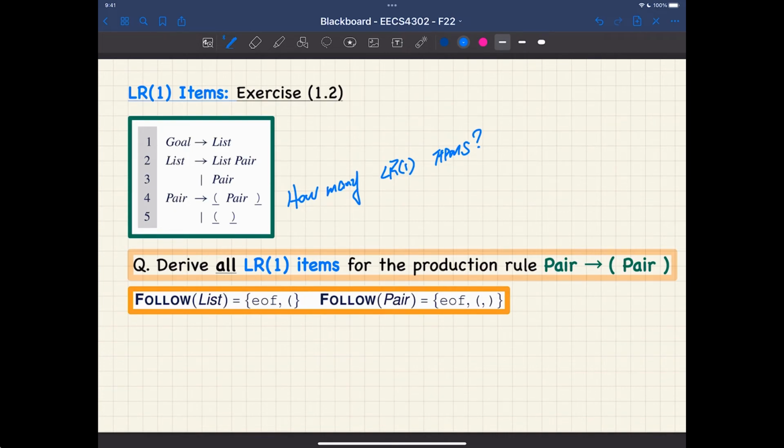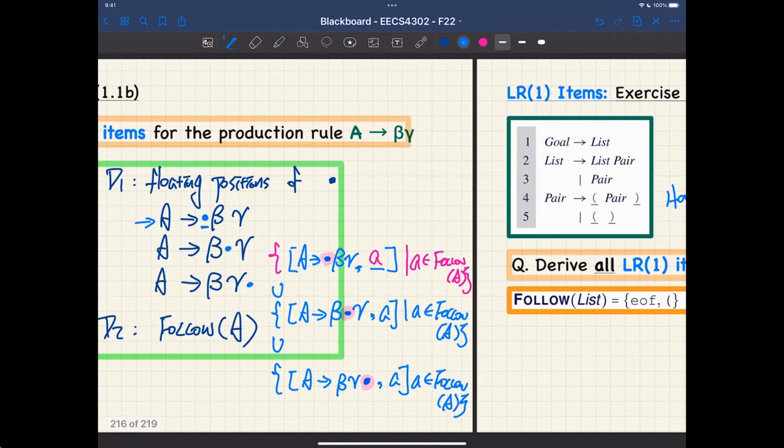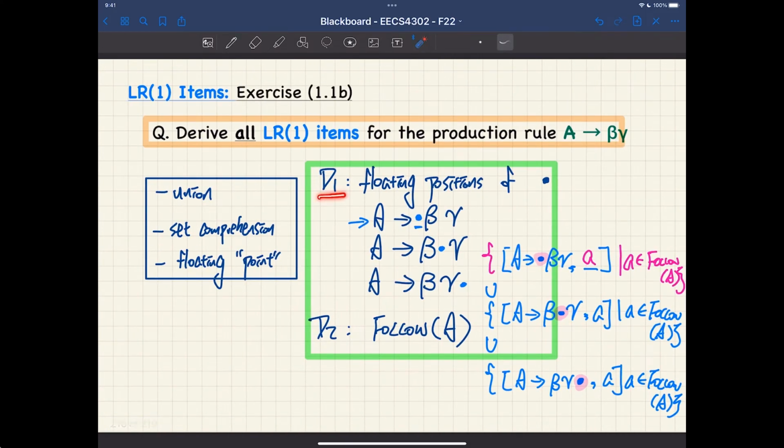In order to figure out how many, you will have to look at two dimensions. How many possible floating points? And how many follow set for the relevant variable which you want to reduce into?